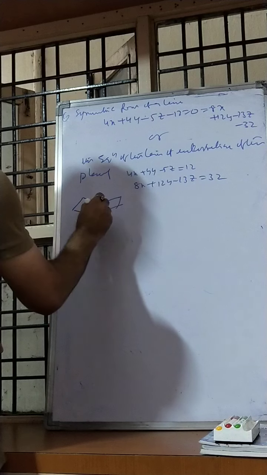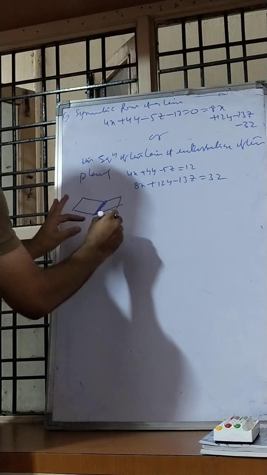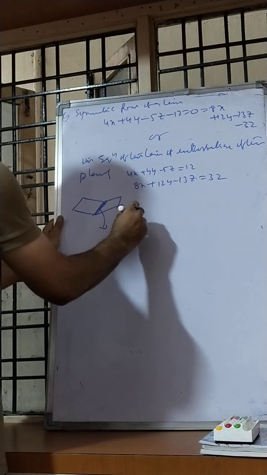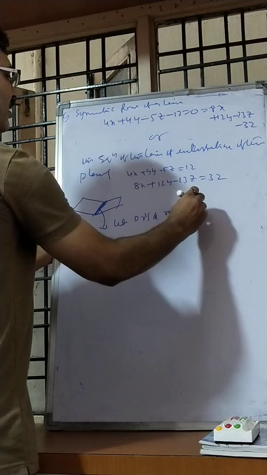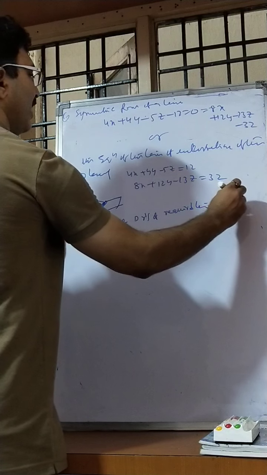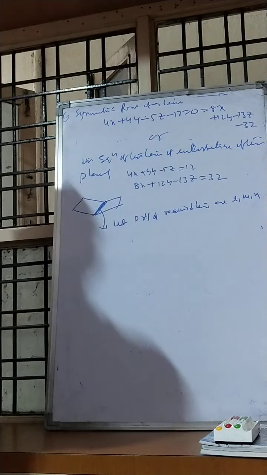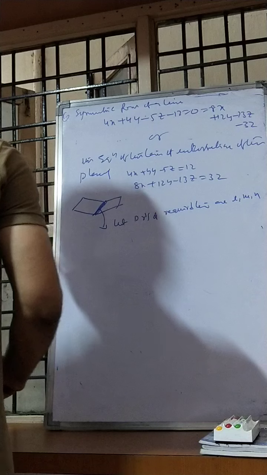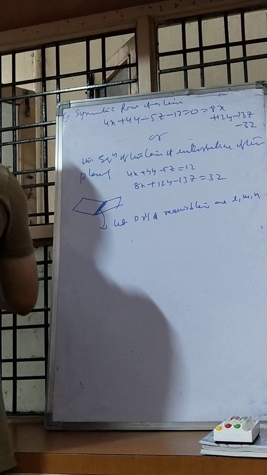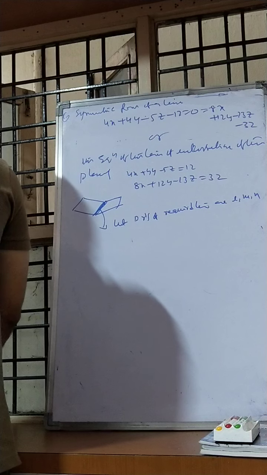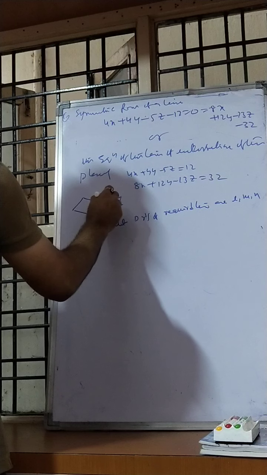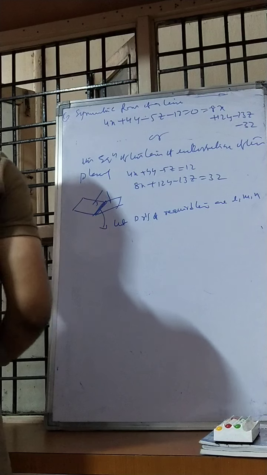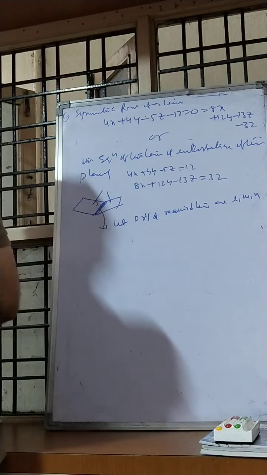What I'm saying here is, you better take it like this. Let the direction ratios of the required line be l, m, n. The normals of the planes are perpendicular to the line, definitely.